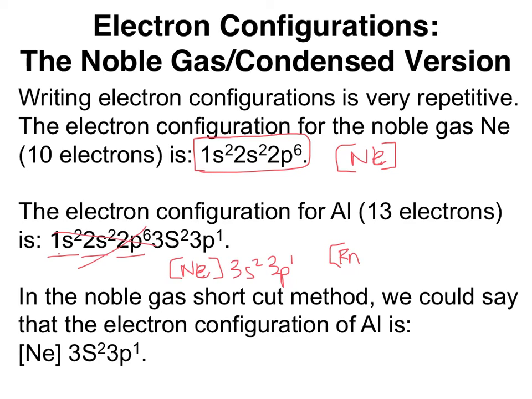Nope, not radon, xenon. The noble gas in the row above uranium, I could have written xenon, and then wrote the 7s2 and the 5f7. That would have been a much shorter way of writing out uranium. Okay?